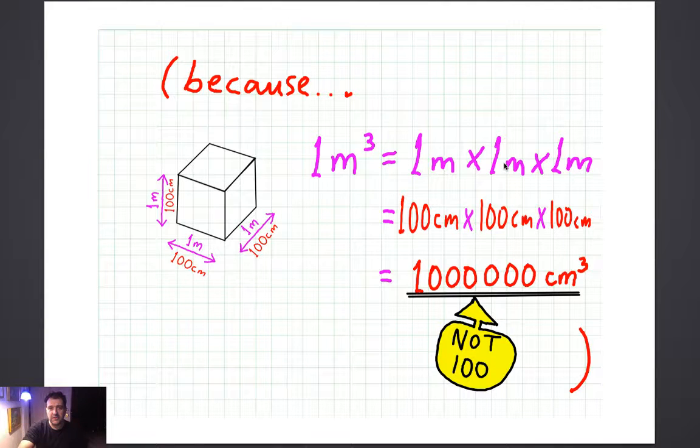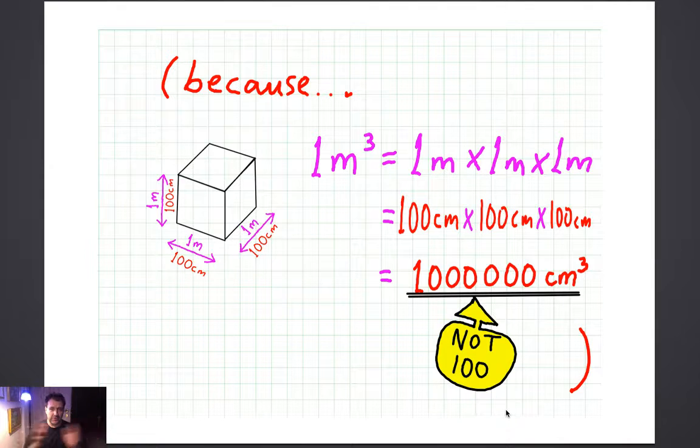So a metre times a metre times a metre is 100 centimetres times 100 centimetres times 100 centimetres, and that gives you 1,000,000 centimetres cubed. So 1 metre cubed is 1,000,000 centimetres cubed, not 100. So 100 centimetres in a metre, but 100 times 100 times 100, 1,000,000 centimetres cubed in a metre cubed.